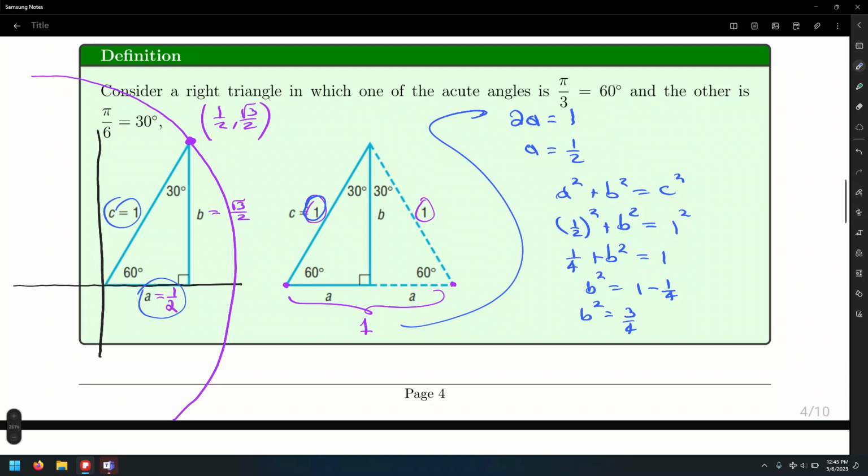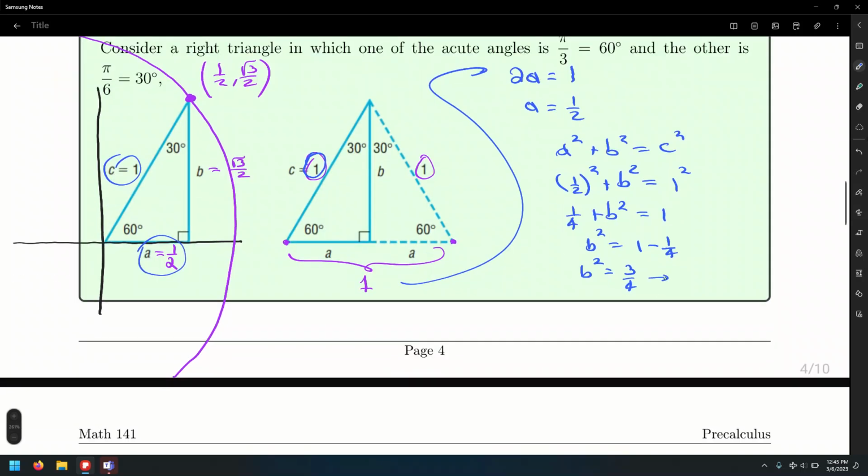And take the square root on both sides. What's that going to give us? Plus or minus root of 3 over 4. And in this case, B equals plus or minus, in the numerator, root of 3, which unfortunately is going to be left as root of 3 because it's not an exact value. But good thing the denominator, root of 4, equals 2. And that's where these values for sine and cosine for the 60-degree angle are coming from.